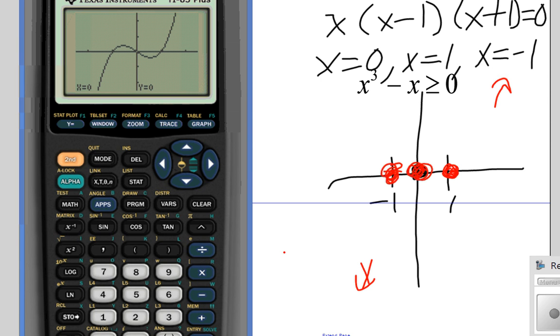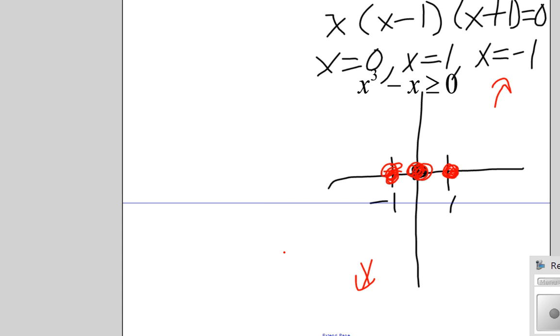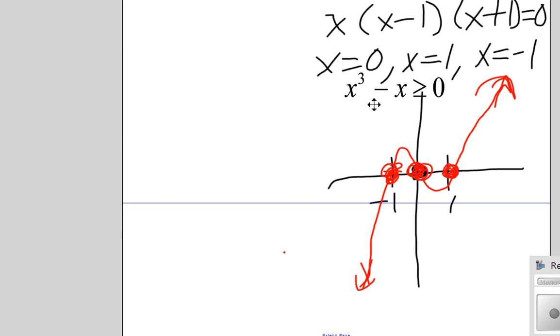All right. Let's try and draw a rough sketch of that. Okay, there's no precision that's needed here. The only thing I really need to know is when are my y values above the x-axis and when are they below the x-axis. My inequality I'm trying to solve is saying I'm interested in the greater than, right here.